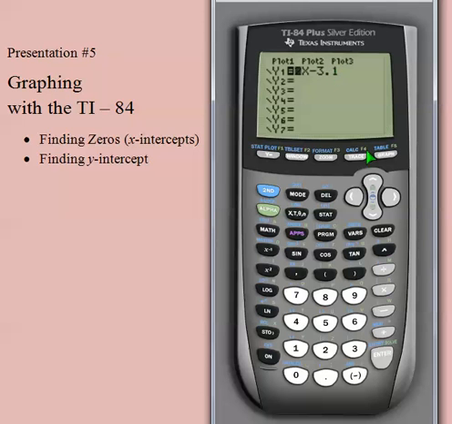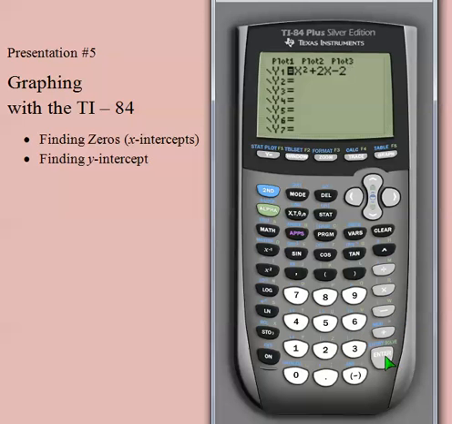All right, let's go through this one more time. I'm going to hit clear, and now I'm going to type in a quadratic equation. Y equals x squared plus 2x, again, remember this is our x, minus 2.